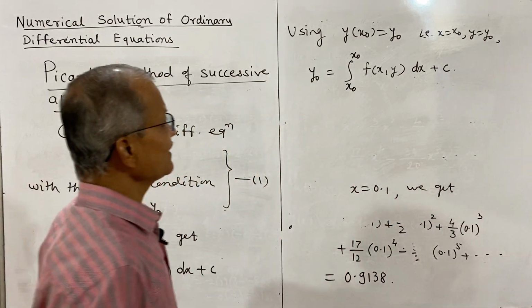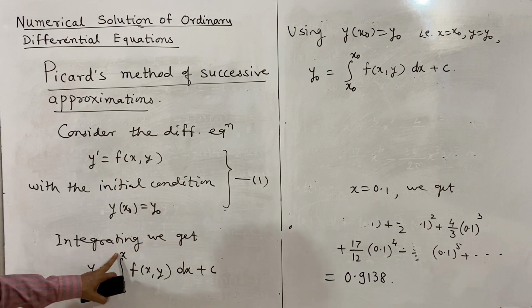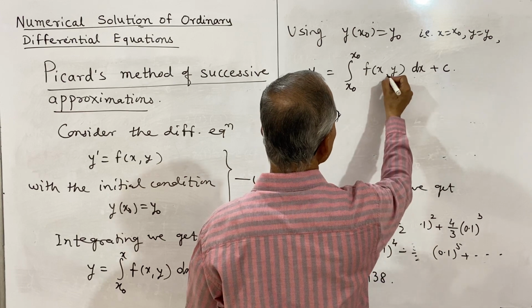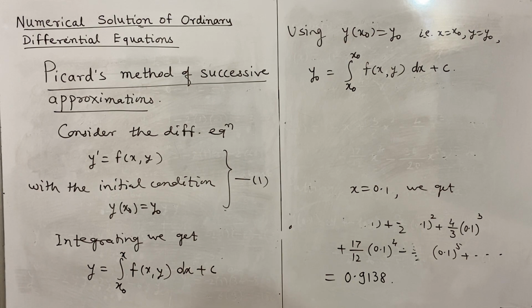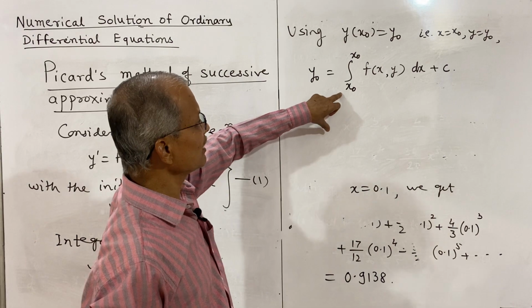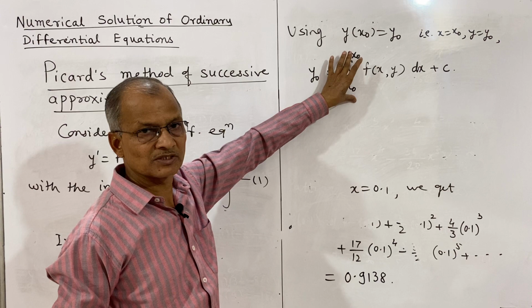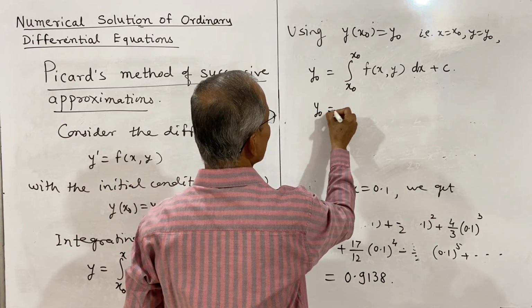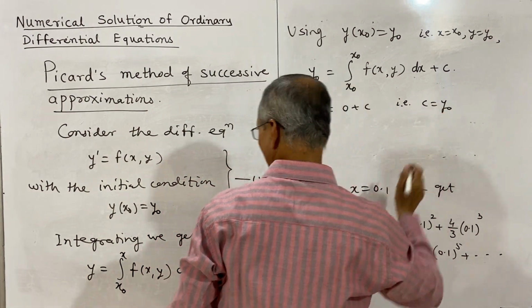Here the function is f of x, y, with x used as x naught and y used as y naught. But in this integral the lower limit and the upper limit are the same, and therefore the value of this integral is 0, and thus we get y naught is equal to 0 plus c, or that is, c is equal to y naught.